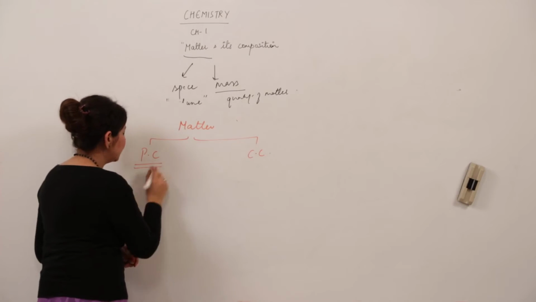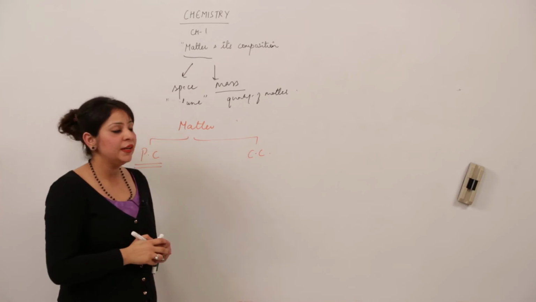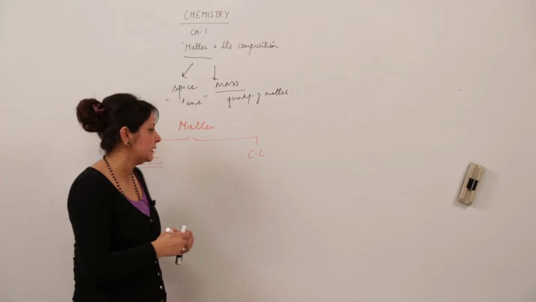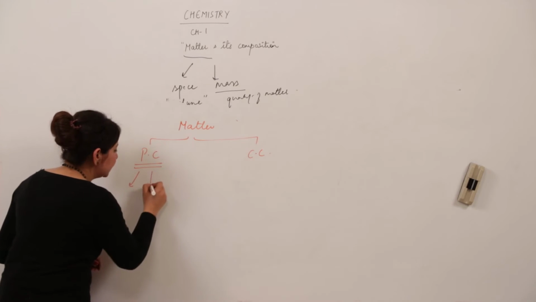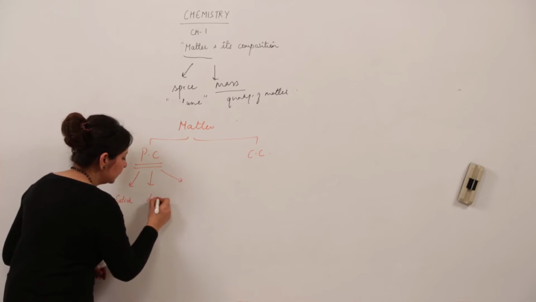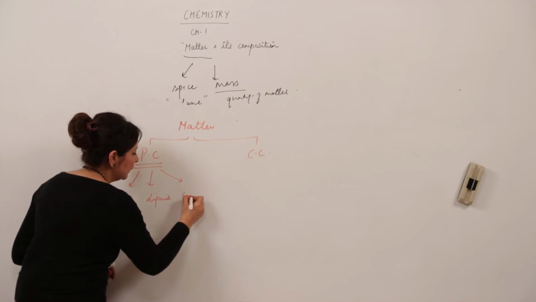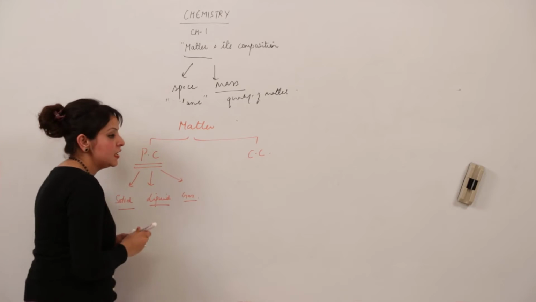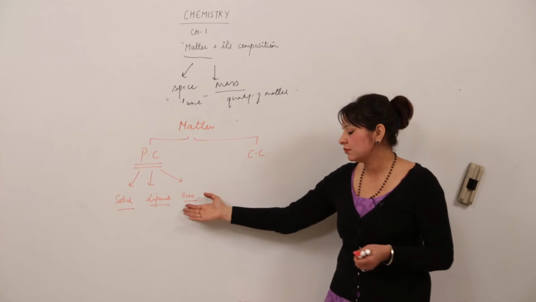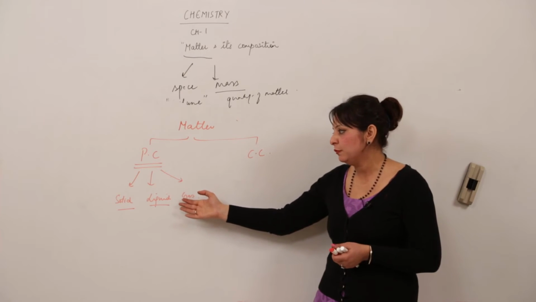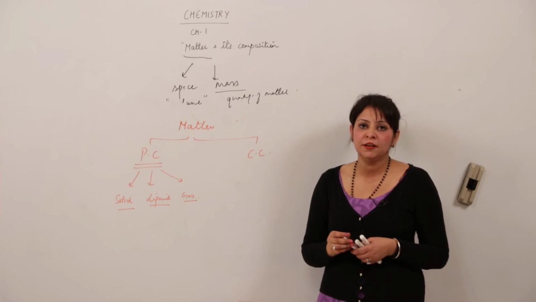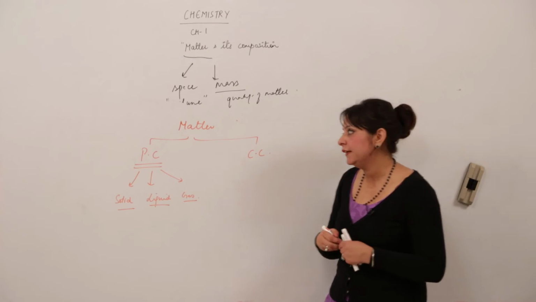When I talk about physical classification, that means the different physical states in which matter can exist. The three physical states which we have studied in previous classes are solid, liquid and gas. But you will be shocked to know there are actually 7 states of matter which you are going to study in the higher class.